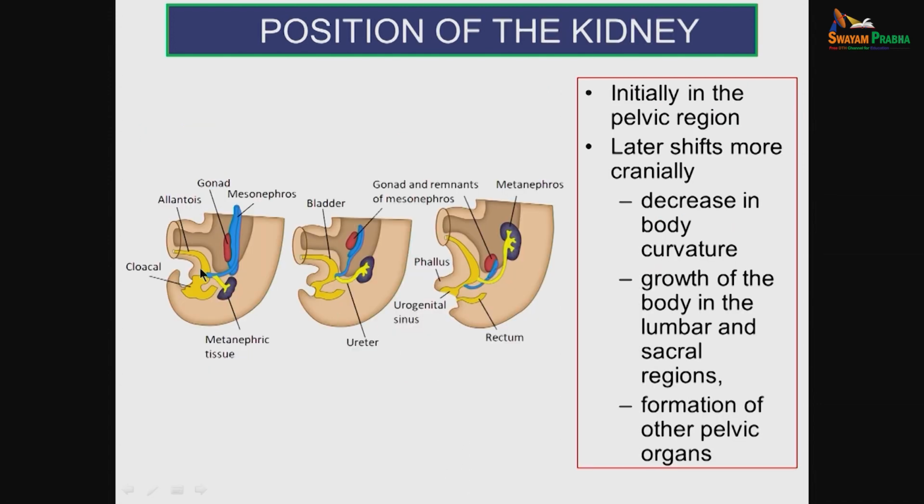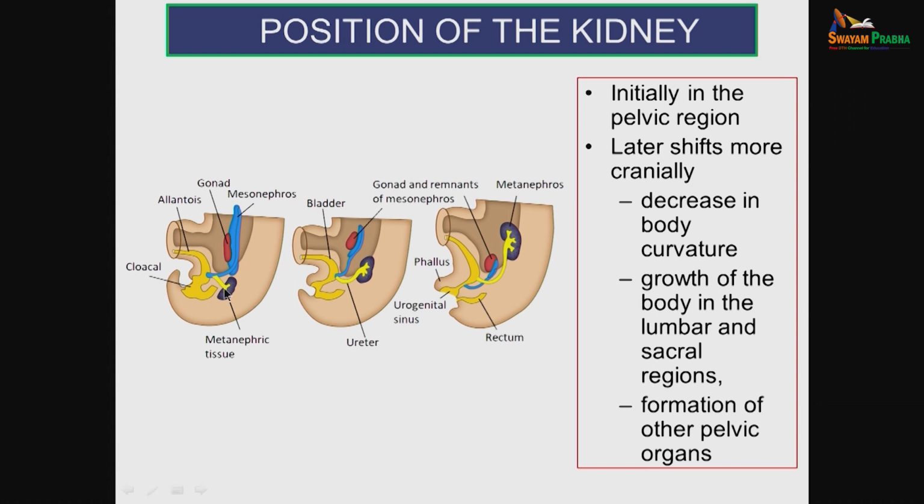So, look at this picture. We said the metanephros develops in the lower lumbar and sacral region. So, it is initially formed in the pelvic region. So, the adult position of the kidney is in the lumbar region. So, the kidney ascends up during development.